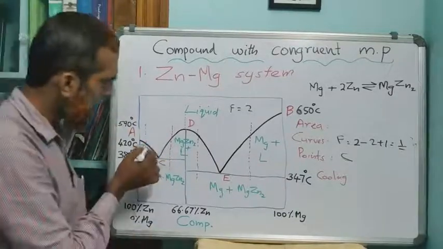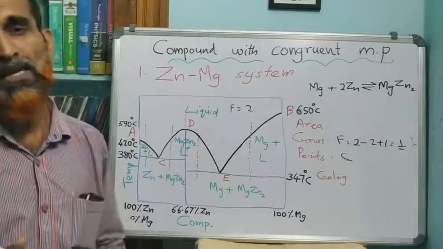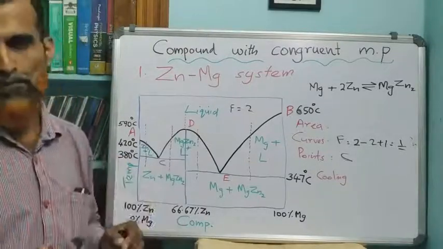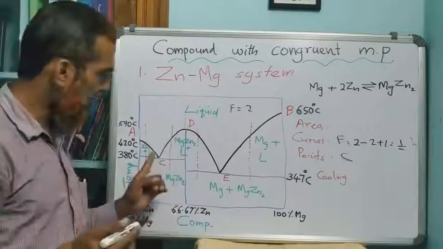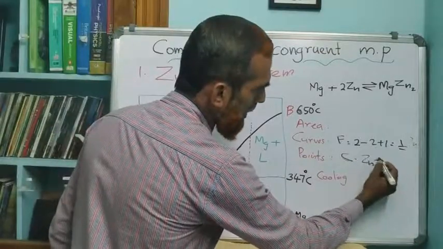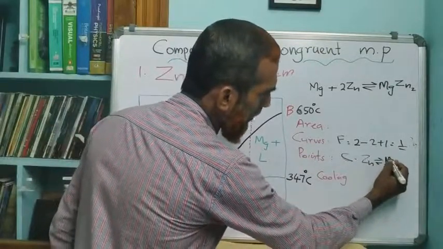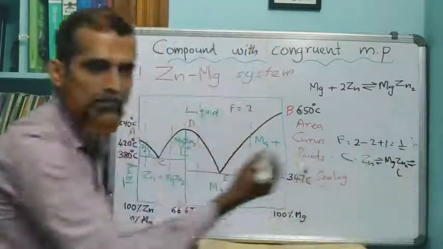Or you can say solid zinc, eutectic mixture and liquid. See, the eutectic mixture will contain both zinc and the compound. So basically zinc is already there. So in short we can say the three phases in equilibrium at point C are solid zinc in equilibrium with the compound MgZn twice, in equilibrium with the liquid melt.